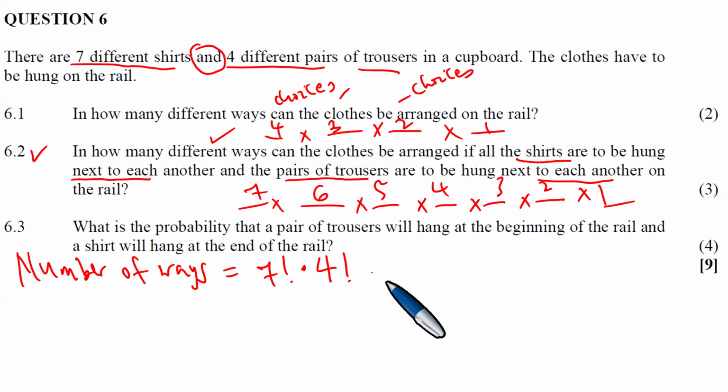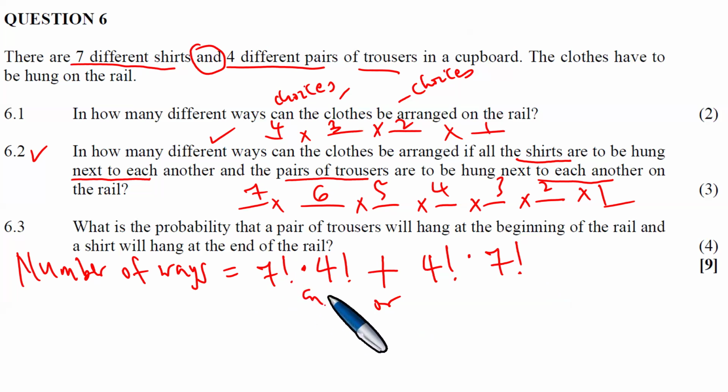Now, either you put the shirts first and then the trousers second, or you put the trousers first and then the shirts after. You can decide to start with the shirts, because it is "and", so you multiply by the trousers.